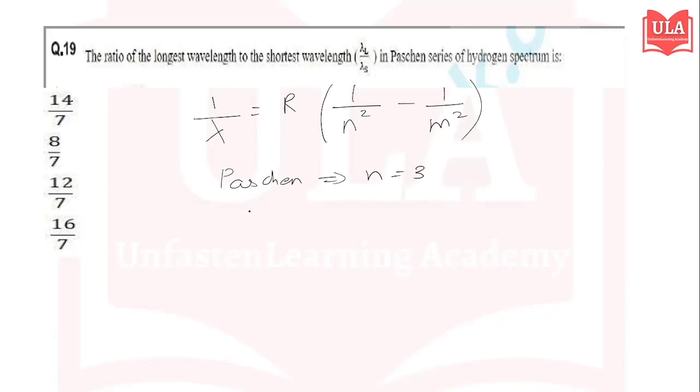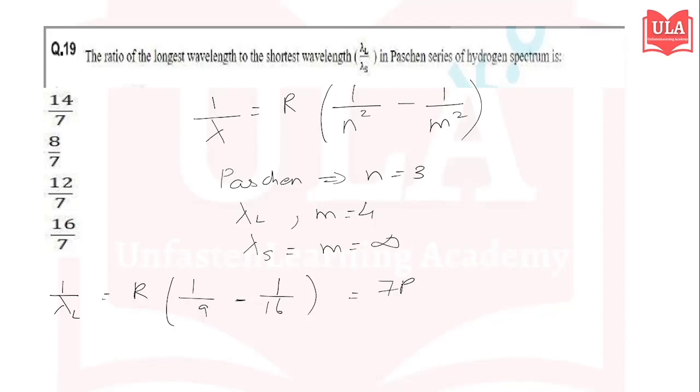So for longest wavelength, M will be equal to 4, and for shortest wavelength, M will be equal to infinity. Now substituting the same, 1 by lambda L equal to R into 1 by 9 minus 1 by 16, that will be 7R by 144.